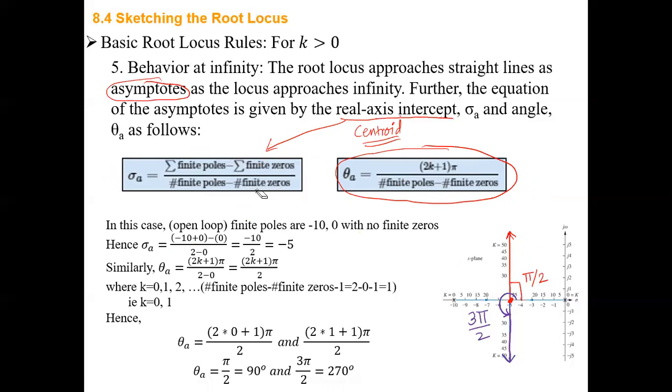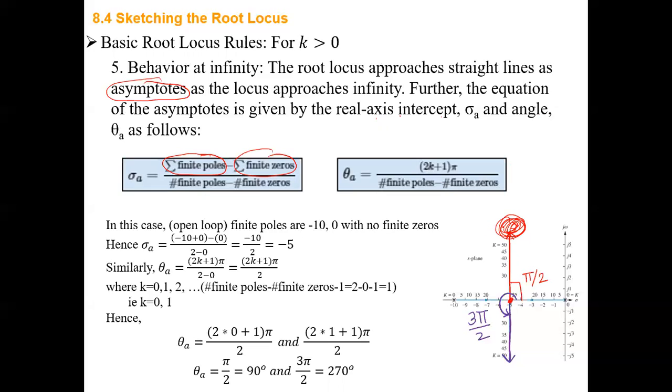So what does the formula tell us? Add all the finite poles, and add all the finite zeros. Remember, this zero is called zero at infinity, so that's not what we are supposed to add.